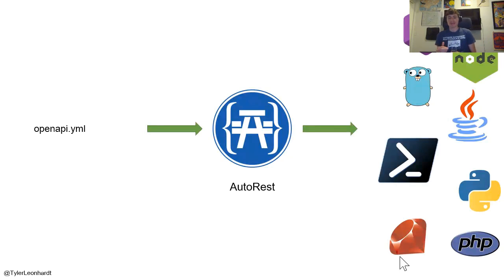And something that happened semi-recently is that the AutoRest team came out with a PowerShell generator. What this will do is take your OpenAPI YAML spec and auto-generate a PowerShell module that can interact with your REST API.